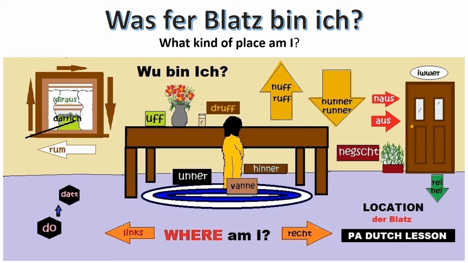In Pennsylvania Dutch, there are some words where, depending on the location, as I had mentioned in previous videos, there are slight variations in the words that people use, just like naus and aus, raus or draus. And then also nuf and roof. Nuf means up, roof means up.